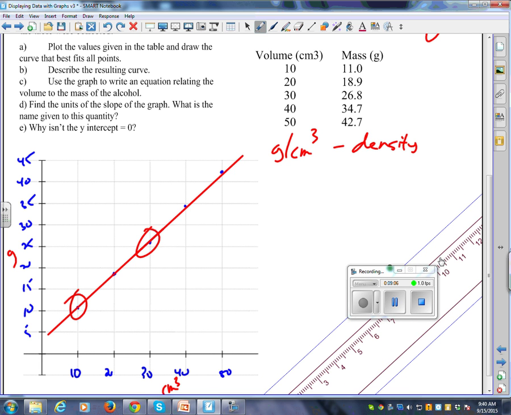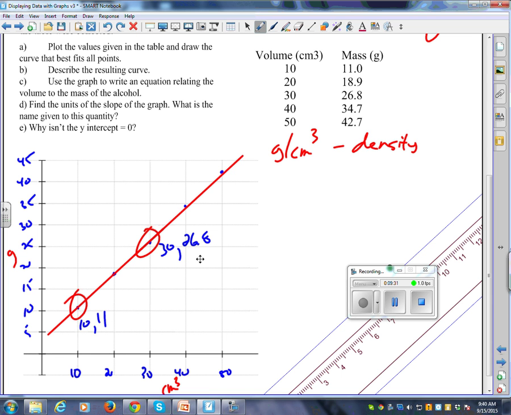What is the value of the slope of the line of best fit? So then you find the slope. Here's the part where if you're not sure about how to do slope, you need to watch this. The x and y coordinates. This is at 30, 26.8. This one is at 10, 11. y2 minus y1. Which is my y2, 11 or 26.8? 26.8.